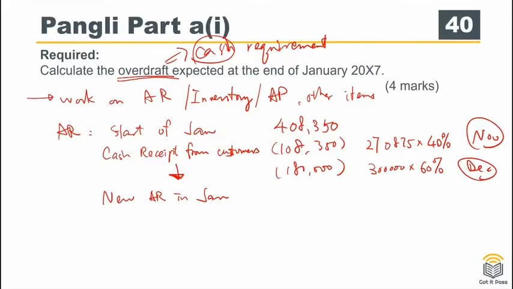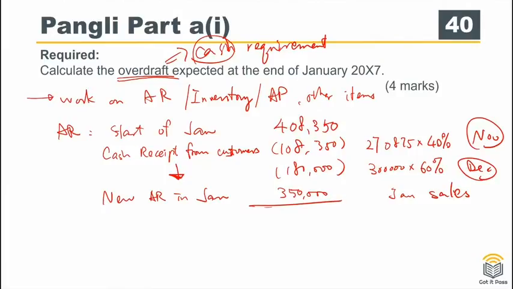The new account receivable in January comes from the sales figures: January sales, which is 350,000.